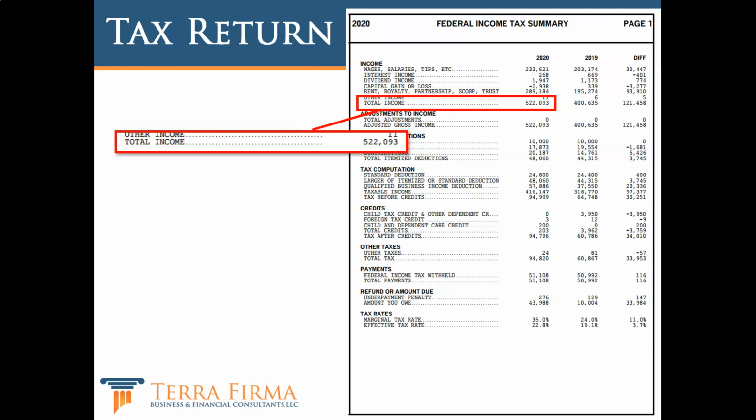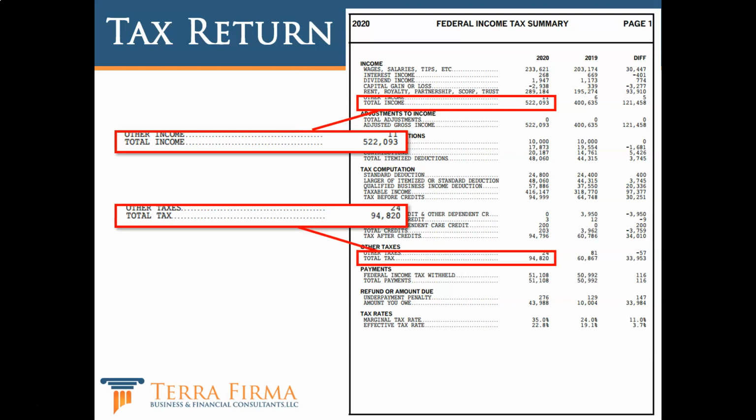Now, the total income and the taxable income are different. And so what we want to look at is our total tax. Our total tax on this particular client, if you were to take 94,820 divided by the 522,093, they're right in about an 18% tax bracket.